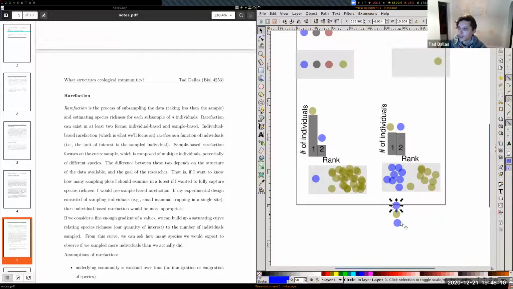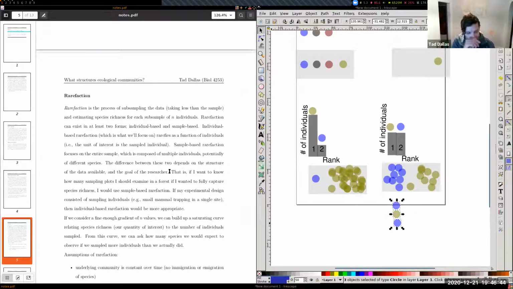I know that I sampled in my trap, I'm just trapping small mammals. In trap A, there was this blue individual. In trap B, on the first day of sampling, there was this individual. On trap C, there was this individual. I can go over that in more detail, especially with clearer examples in the lecture to really nail that home, because they sound similar, but they're slightly different, ever so slightly.